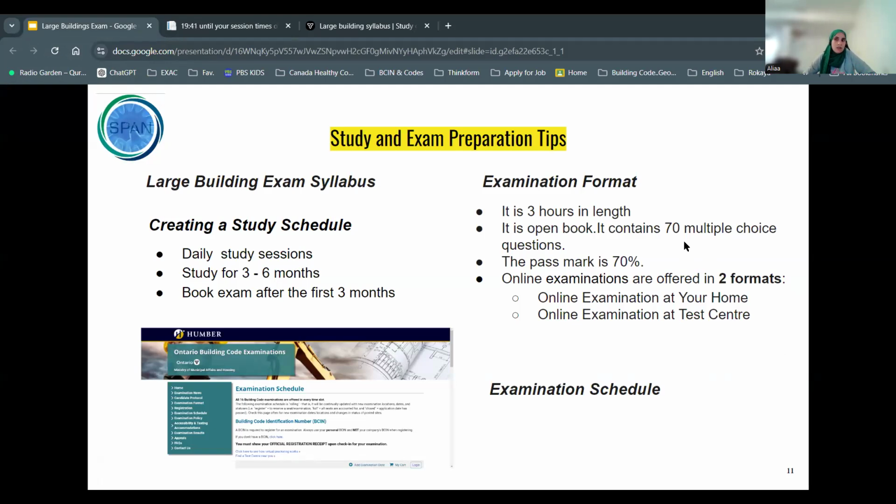It will be hard, and I think you can't make it the first time. Small building makes you more familiar with the OBC and helps you understand it more. This is my experience. Is that what you did? I did the general legal exam first, then I did small building. The third one was large building.